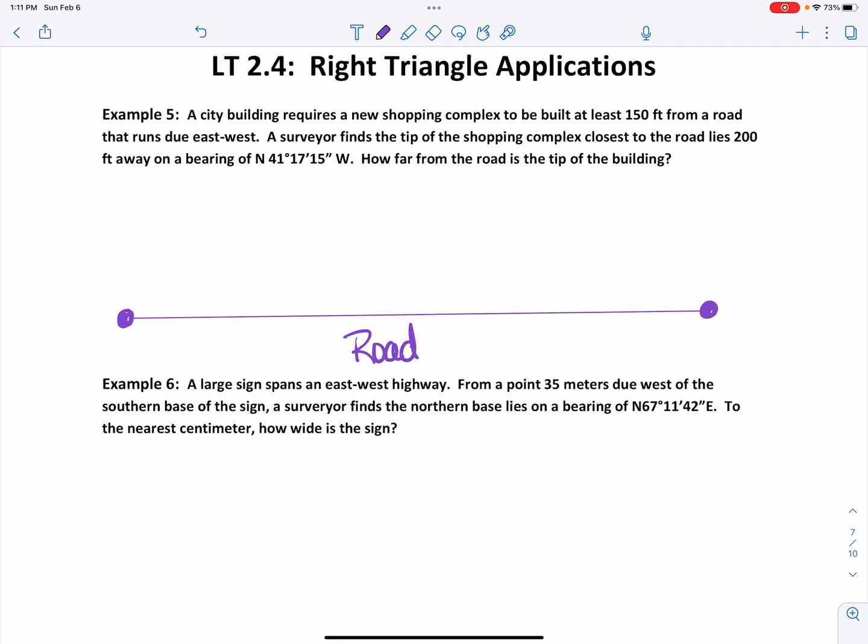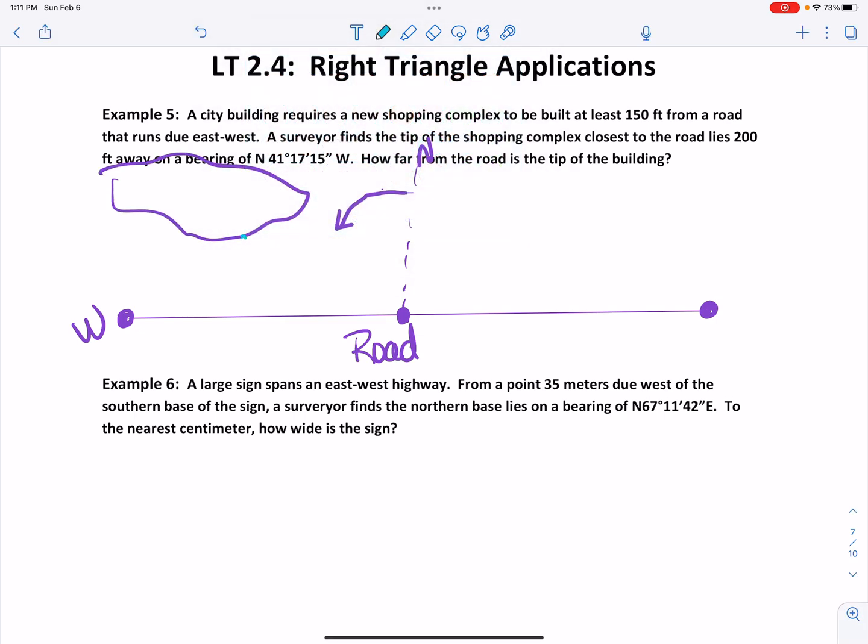A surveyor finds the tip of a shopping complex lies closest to the road, about 200 feet away on a bearing northwest. So that means when the surveyor is looking, he's looking north to the west. So he is looking this direction. Okay, so the shopping mall is over here.